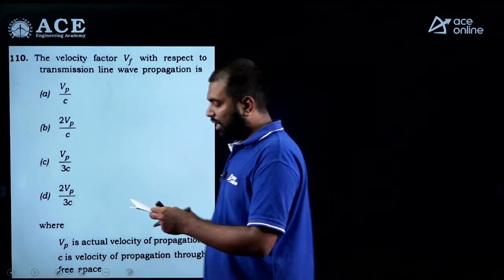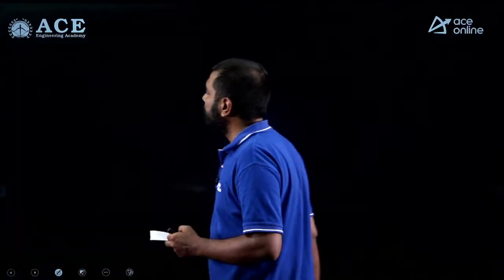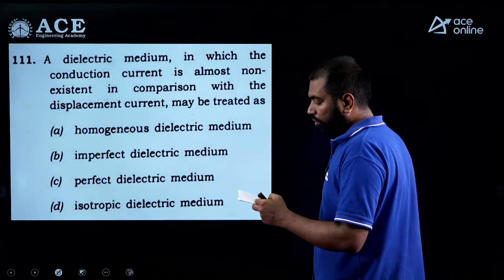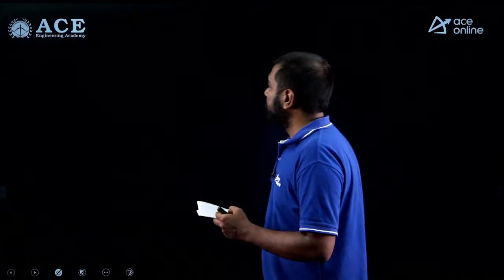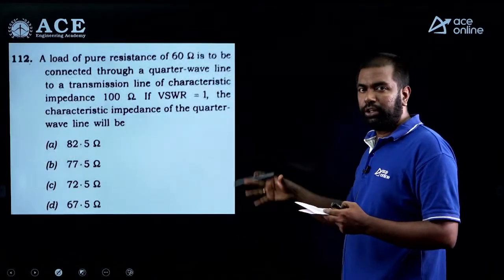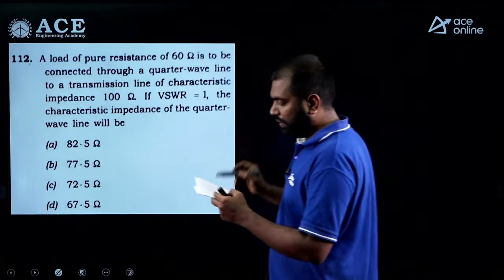For this question, the answer is option A. For 111, for this question it is option C. So your set might be different, you check the question as well as the key.